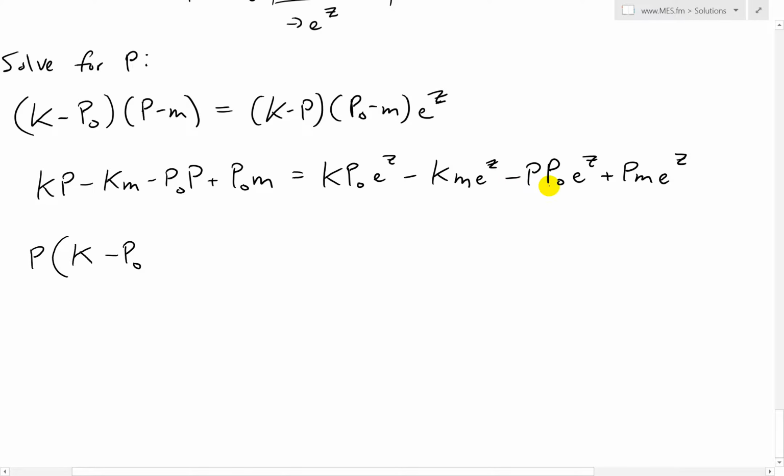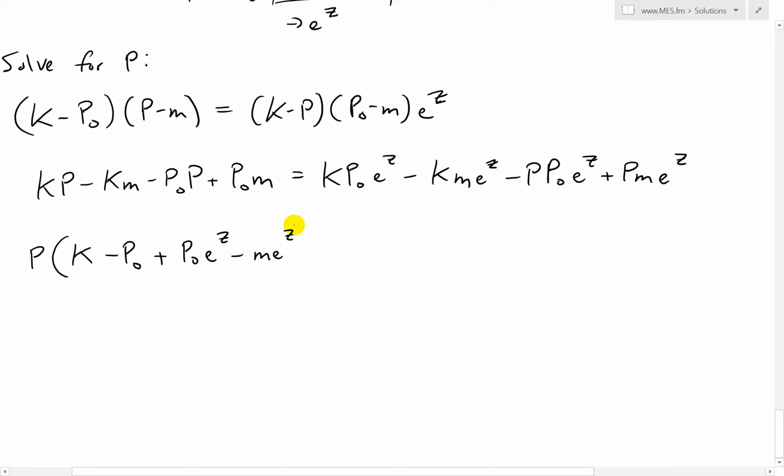There is a p over there, so we're going to take it out. This is negative, but it's going to go over here, which makes it positive, p0 e to the z. And on this side there's another p. It's positive, so we subtract it, making it negative. So we factored out the p, move it over, take the p out, and it's going to be negative m e to the z.